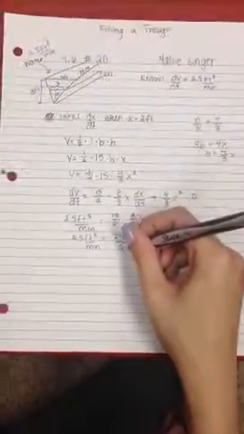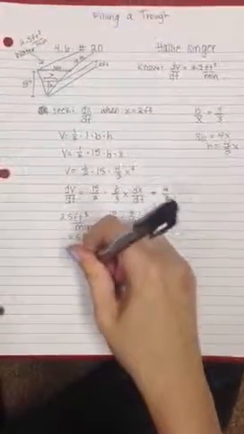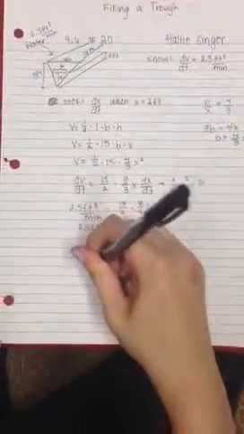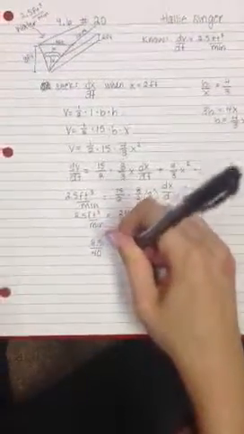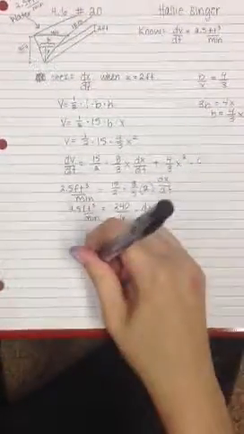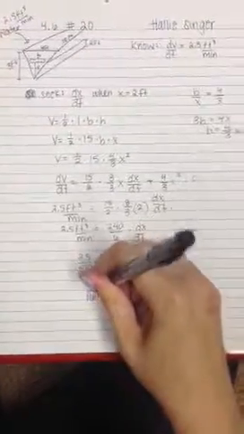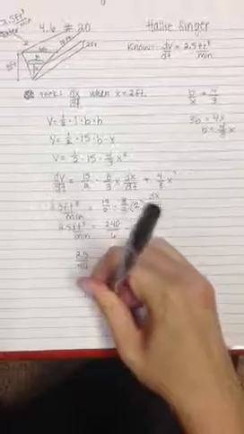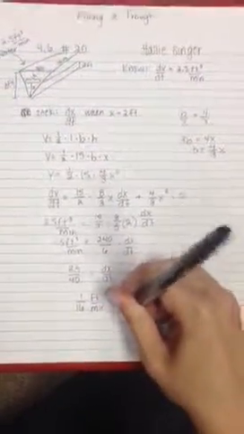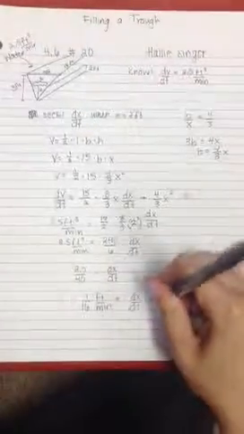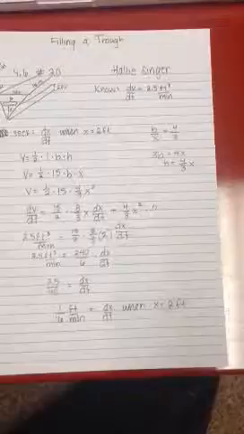So 2.5 divided by 40 equals dx/dt. That simplifies to 1/16 feet per minute, which is dx/dt when x equals 2 feet. Ta-da!